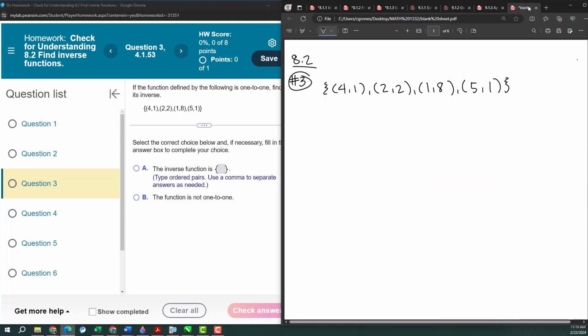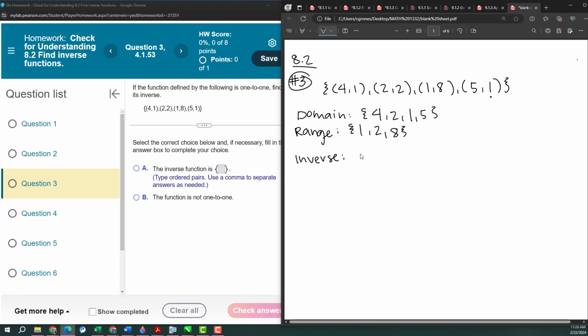When we are finding our domain, we're looking at our x's. So our domain is going to be 4, 2, 1, and 5. The range is going to be 1, 2, 8. And then at the end, we have another 1, but we are not going to list that again.